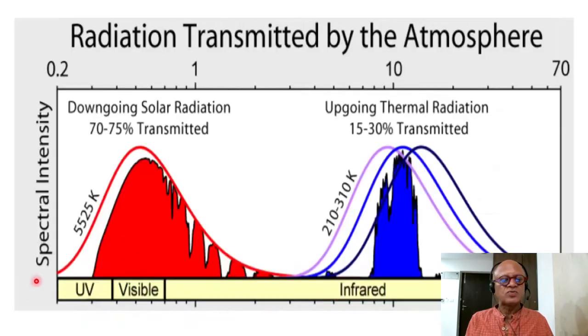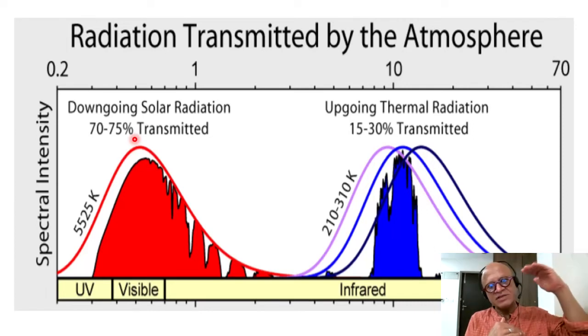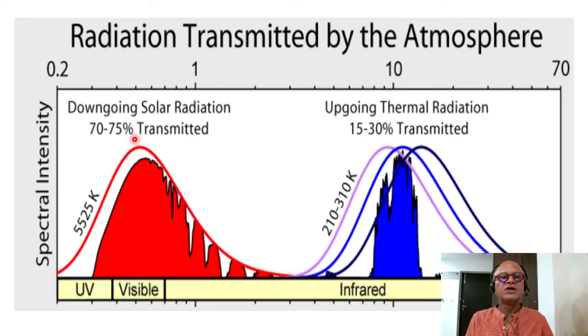Okay, so some of the energies being reflected by what we will see soon as Earth's albedo, about 30%, so only 70 to 75% is kept in the system. Out of that, the atmosphere absorbs some and some makes it all the way to the surface. So atmosphere gets warm by the energy absorbed and the surface gets warm by the energy received.